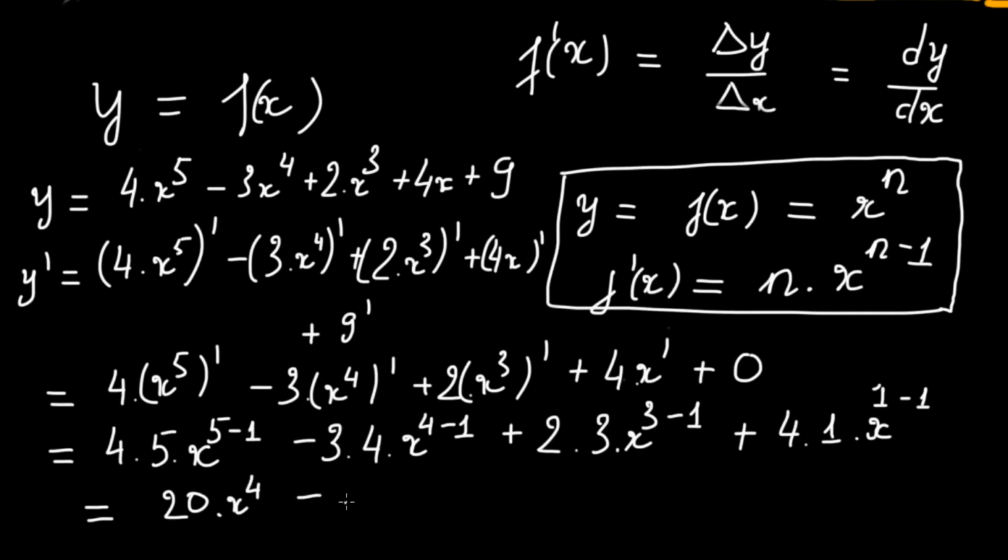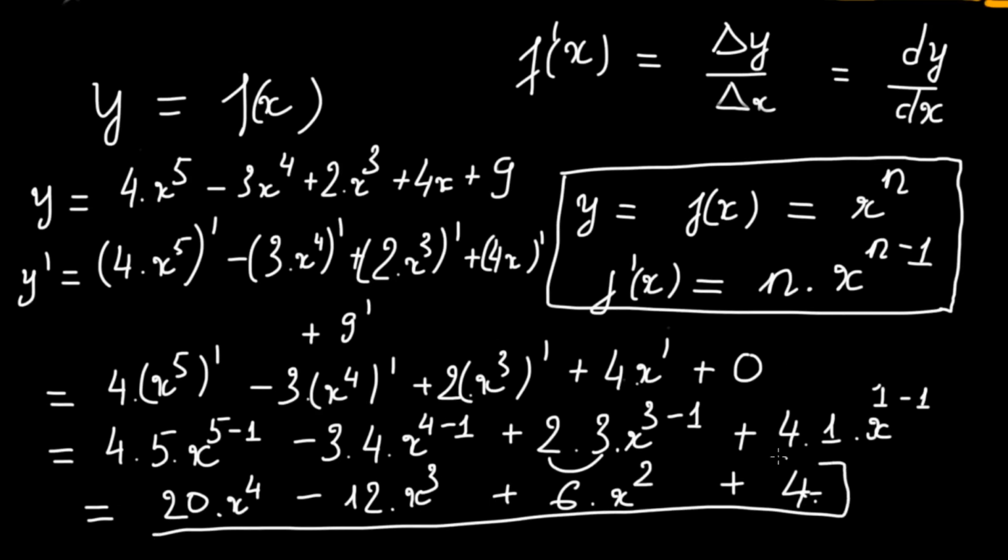Minus 12, 3 times 4 is 12, and then times x to the power of 3. Plus 2 times 3 is 6 right here, and then x to the power of 2. Plus 4 times 1 is 4, and then x to the power of 1 minus 1 is 0. X to the 0 equals 1, so 4 times 1 times 1 equals 4. You see, this is the final answer for this question.